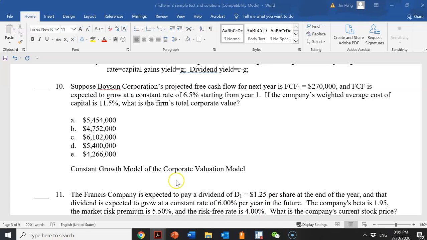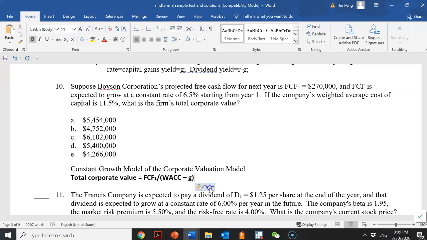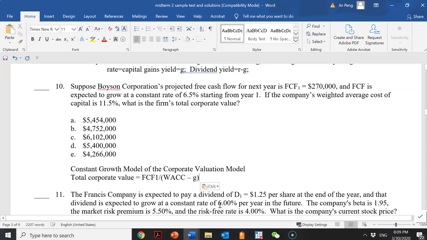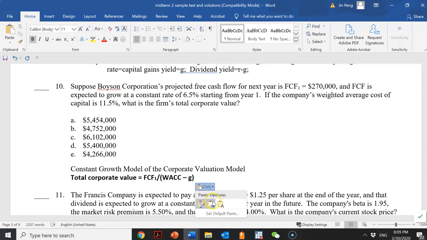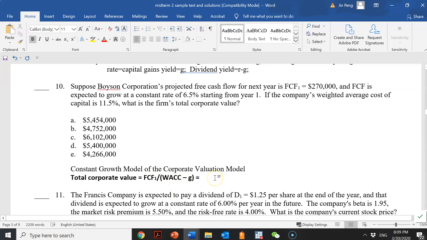Our total corporate value should be free cash flow 1 divided by WACC minus G. So it's going to be 270,000 divided by WACC 11.5% minus G 6.5%.